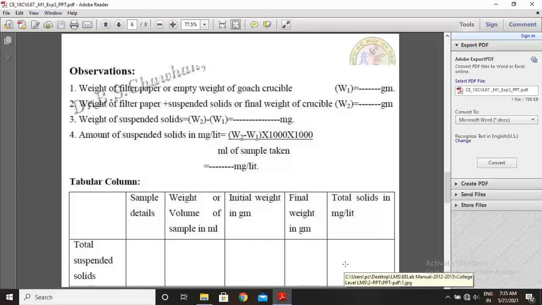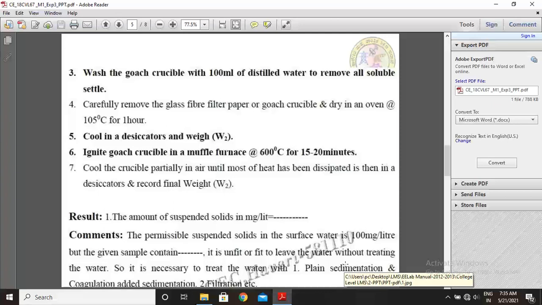And then after calculation and after obtaining the results, now you write the comments. The permissible suspended solids in the surface water is 100 milligram per liter, but the given sample contains some value. It is unfit or fit to leave the water without treating.